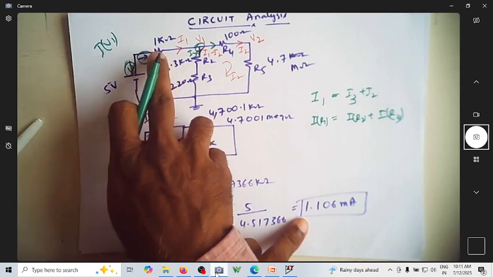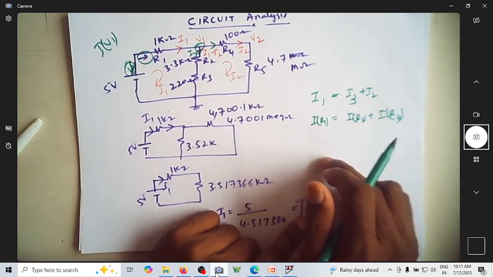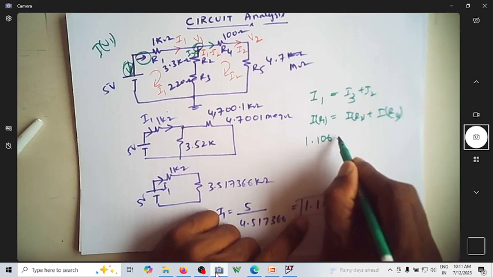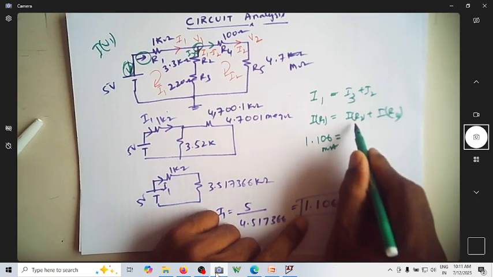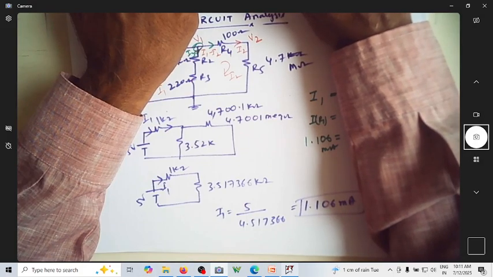So this current is always equal to this plus this, so that's what your Kirchhoff current law is. You can actually find out this will be 1.106 milliamperes. You can find this I of R2. How much is I of R2?